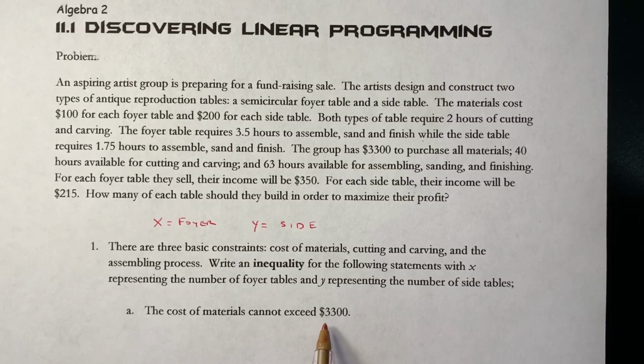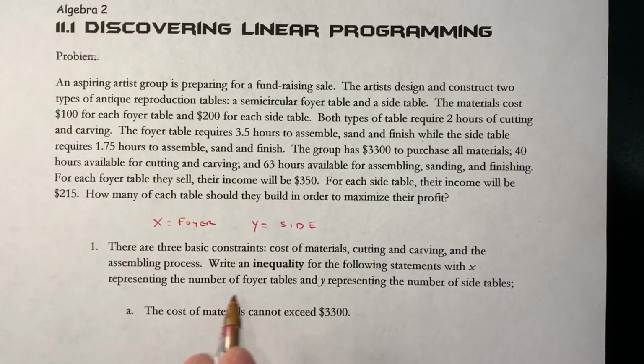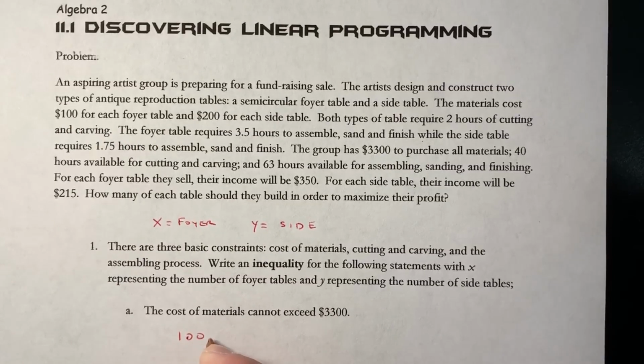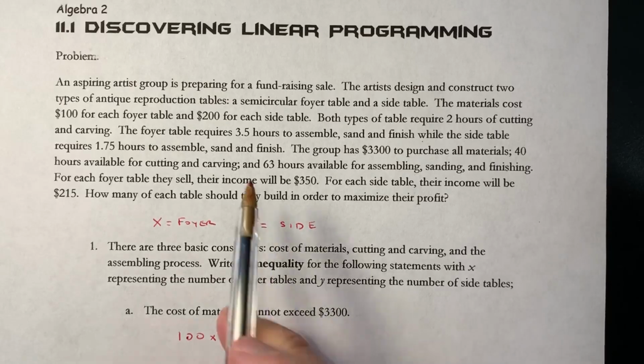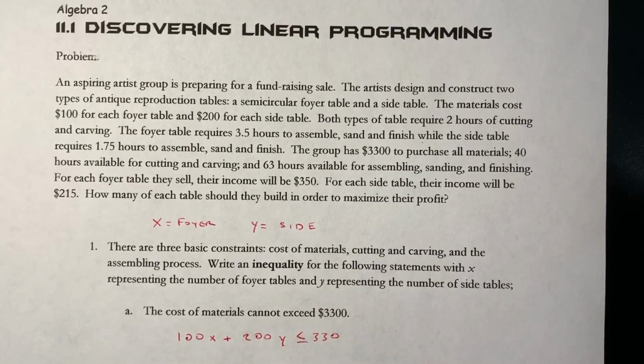So for materials, a foyer table is $100, so that's $100 per foyer table, plus $200 for each side table. And that cannot exceed $3,300, so it has to be less than or equal to $3,300.